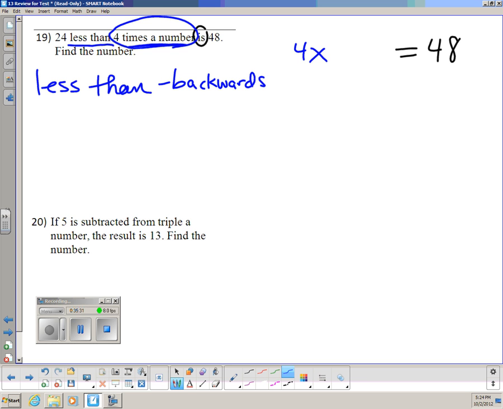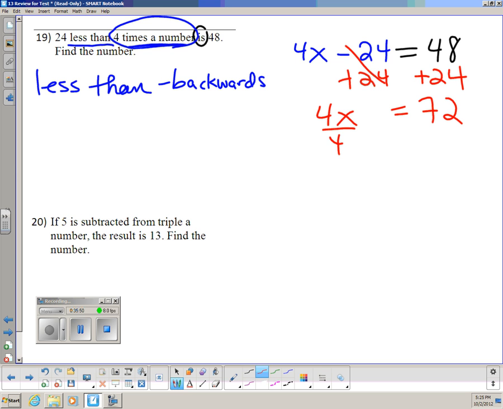So 4x less than minus 24 equals 48. And now we'll just do our regular algebra steps. So we'll add 24 to both sides. 4x, these cancel, equals 72. Divided by 4. And x equals, it happens to be 18.